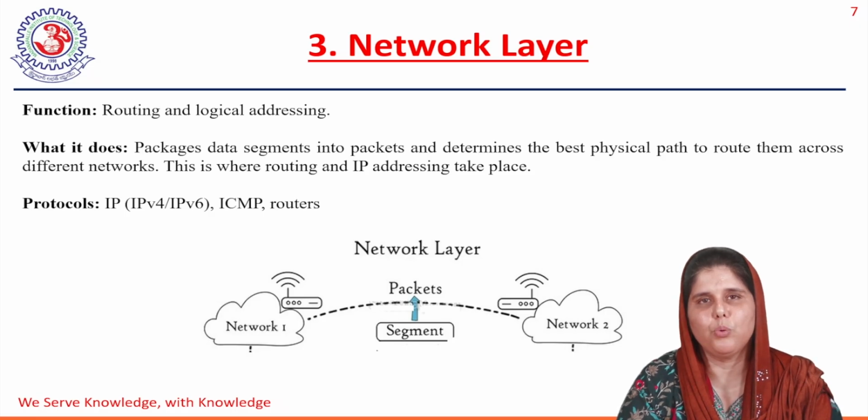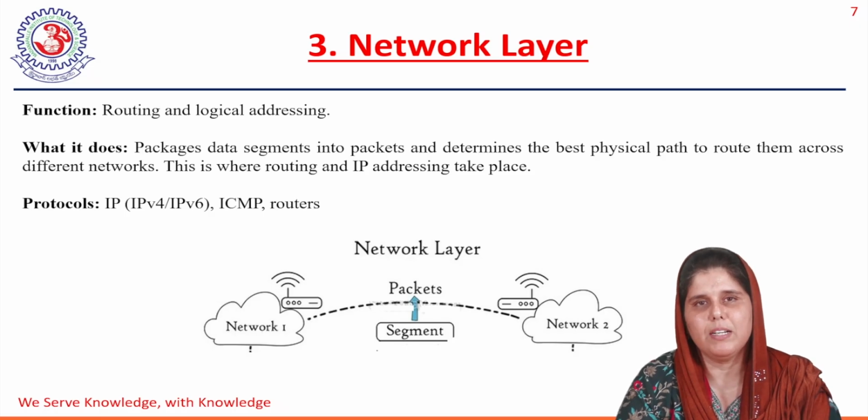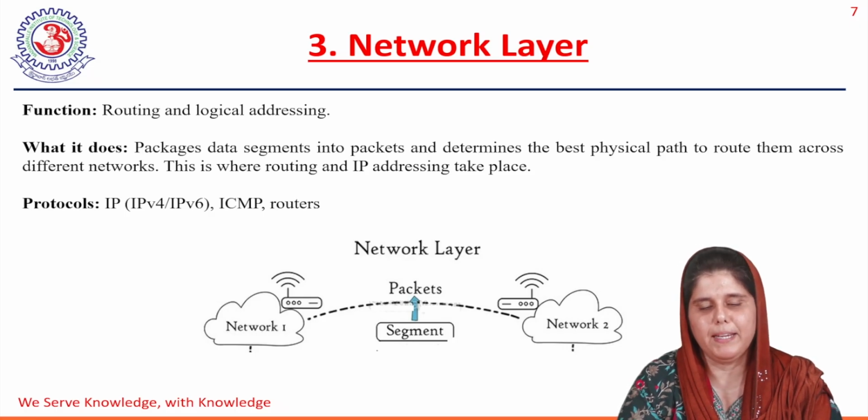We are going to attach these best route details also in that frame. So after attaching the IP address and the route details, the frames are called packets in the network layer. So the main function of the network layer is routing and logical addressing. Logical addressing means IP address.